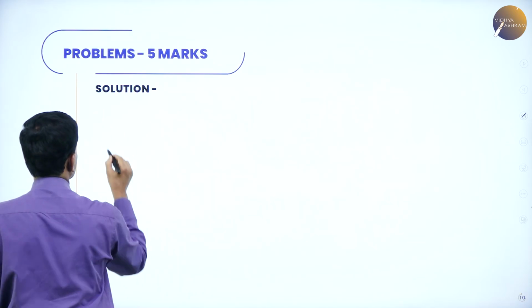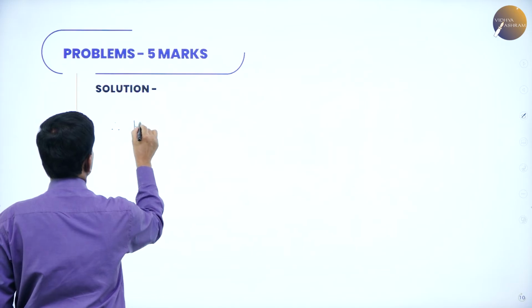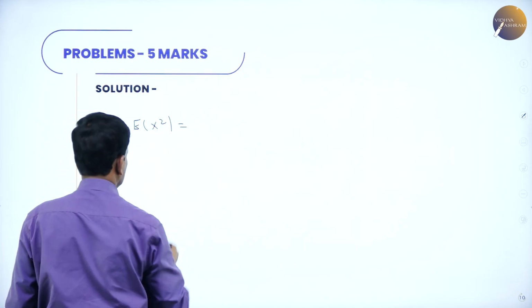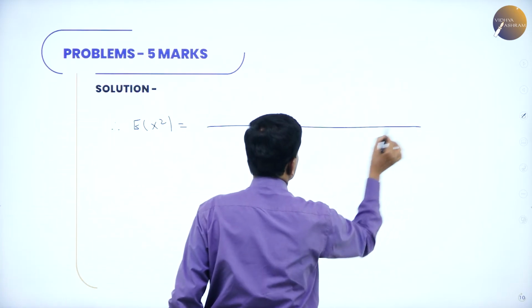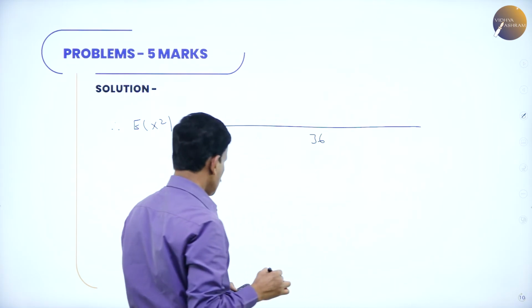Therefore E of x square is equal to, take LCM here, 36 is the LCM. Multiply.